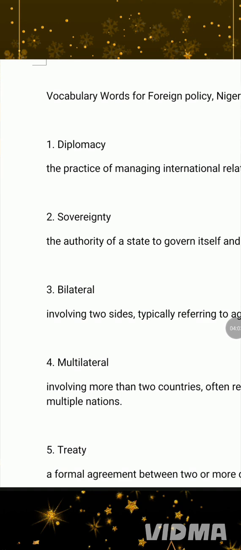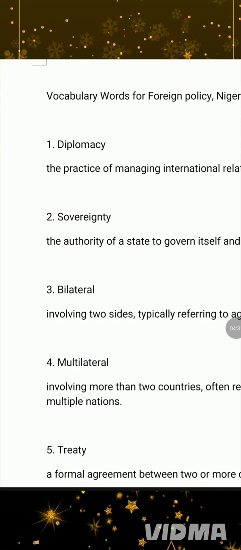That is why a state can send an ambassador or a high commissioner to other states. Why? They are sovereign entities. And according to international law, an ambassador or high commissioner, that is a diplomat or representative of a state in another state, cannot be arrested or subjected to the law of the state he was sent to.